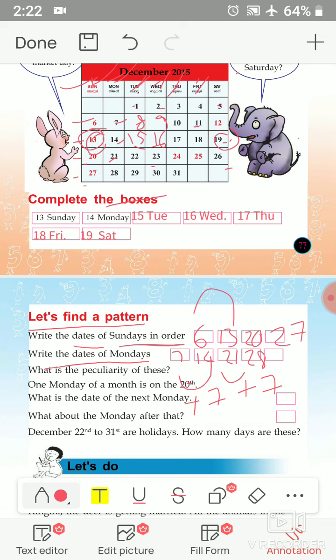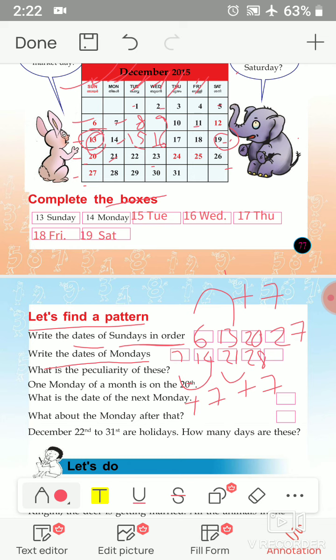Which is the difference? 6, after which number is added? Yes, again 7 is added. We get the next Sunday. 6 after 7, 8, 9, 10, 11, 12, 13.